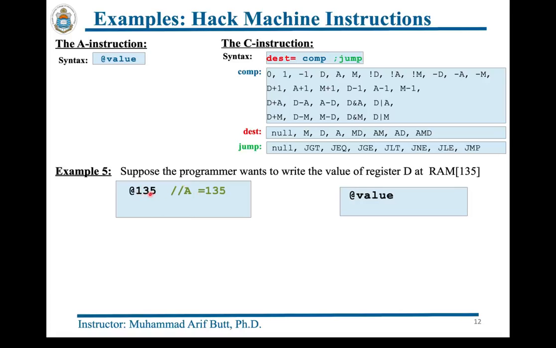And now, since A contains 135, the RAM register at address 135 is the active register. The final task can be performed using the C instructions, in which the destination is of course M, the register M, which is actually pointing to RAM address 135, and the computation is D. So these are the two instructions that are going to perform this task.